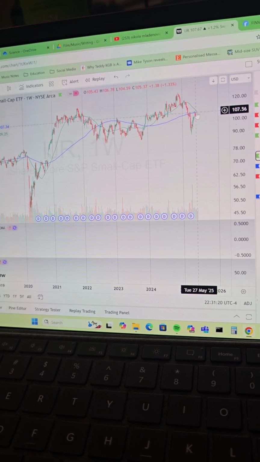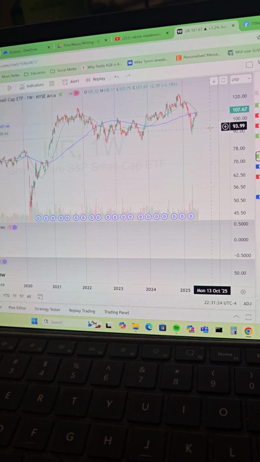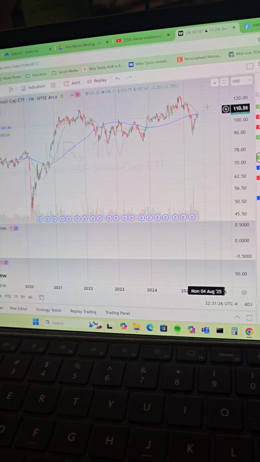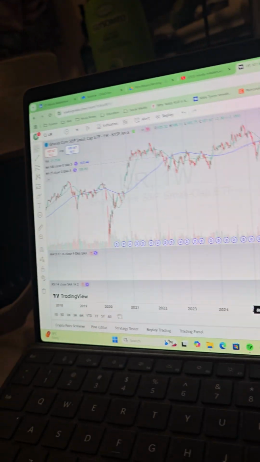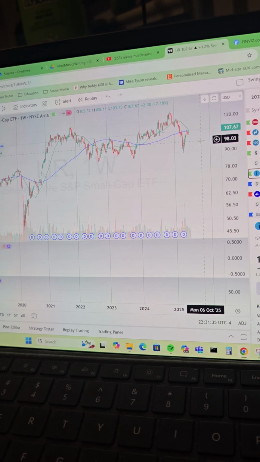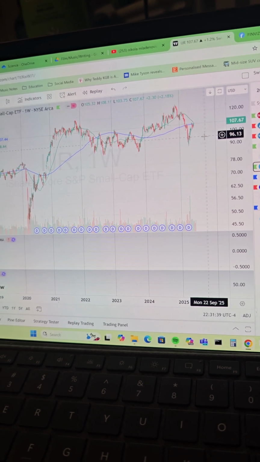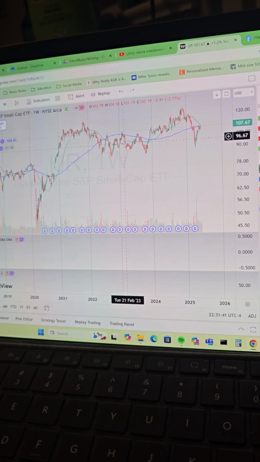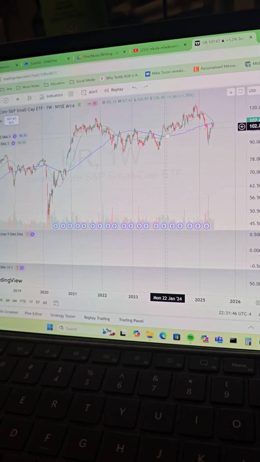So either price might start bouncing off and going down, or the moving average might bounce up. But I think rather price will start going down. So price for these small caps might go down a bit. But the moving averages are still very close to each other. Here it got overextended, but here they're close to each other.